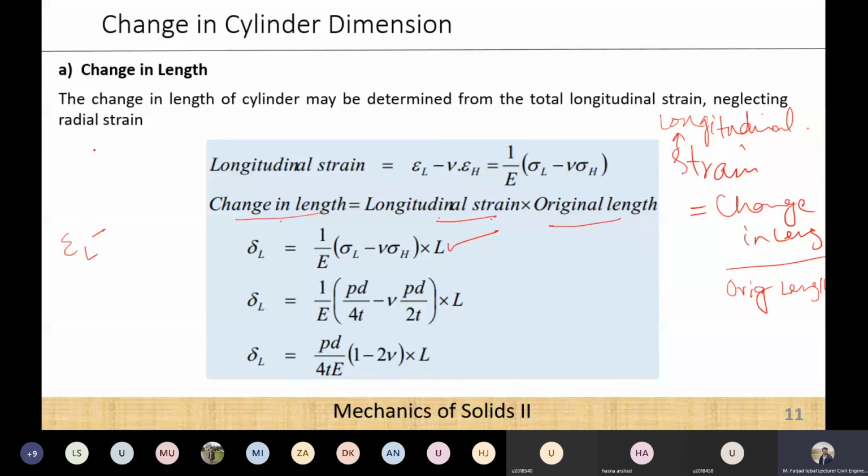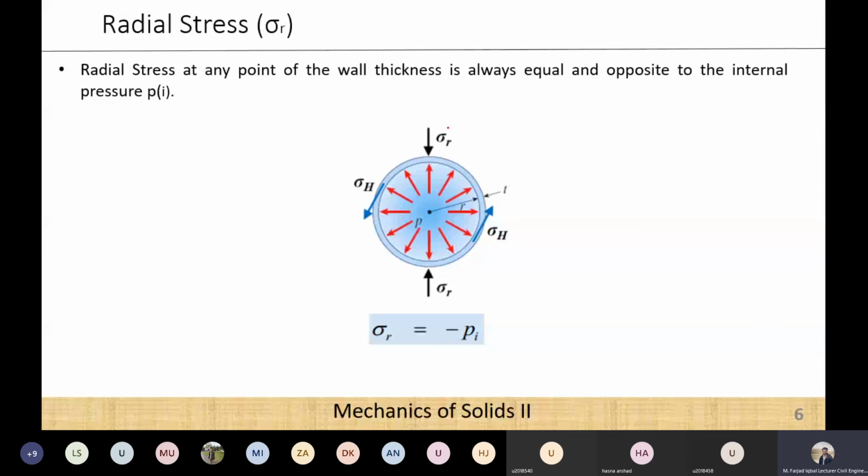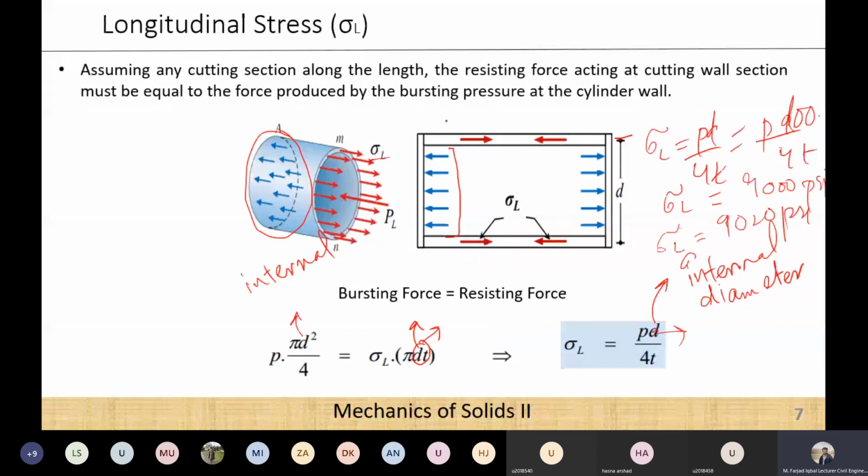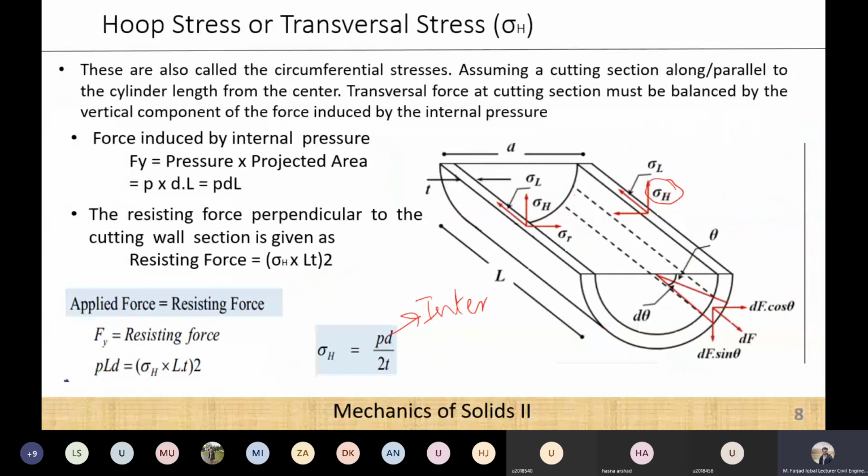In the case of cylinders, we have three types of stresses: radial stresses, longitudinal stresses, and hoop stresses. But radial stresses are very negligible in the case of thin cylinders, so they can be neglected. So we are left with the longitudinal stresses and the hoop stresses. When the strain is being produced in the longitudinal direction, a small strain will also be produced in the direction of hoop stresses.